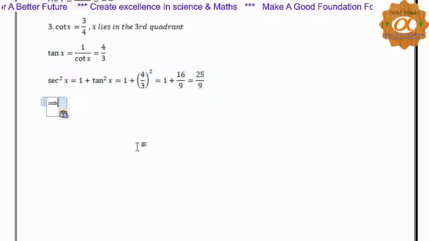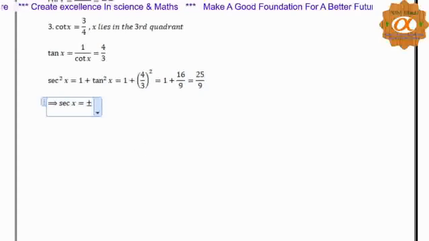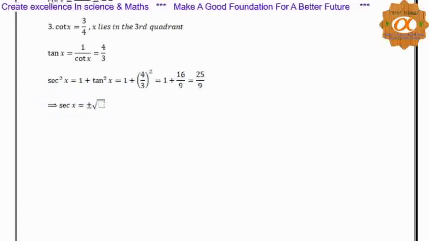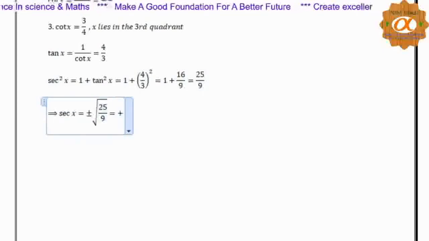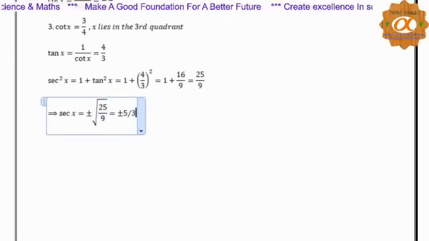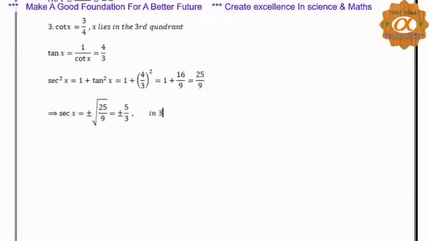That implies sec x is equal to plus minus under root 25 by 9, and its value comes out plus minus 5 by 3. We have to decide in the third quadrant.